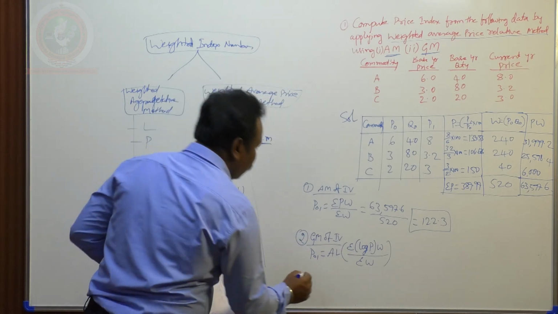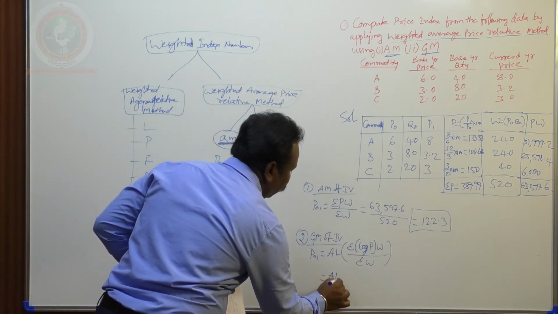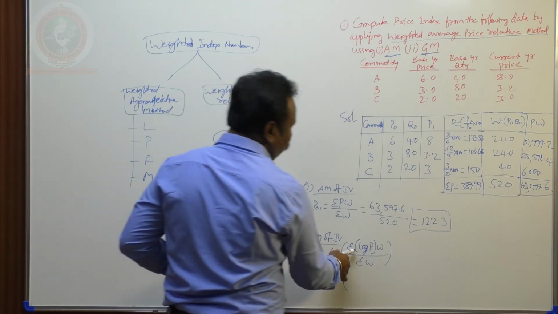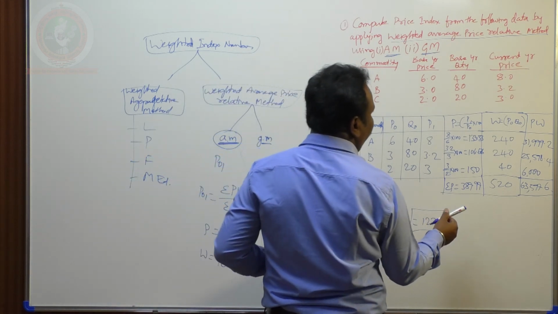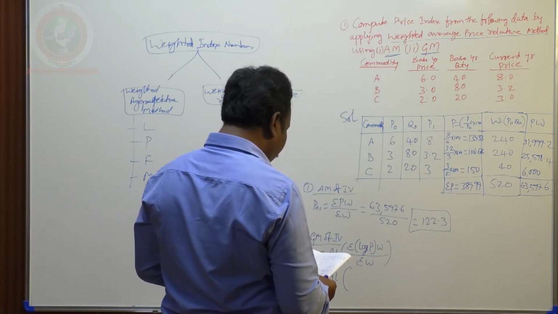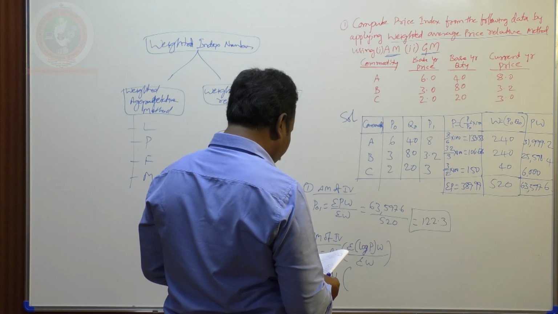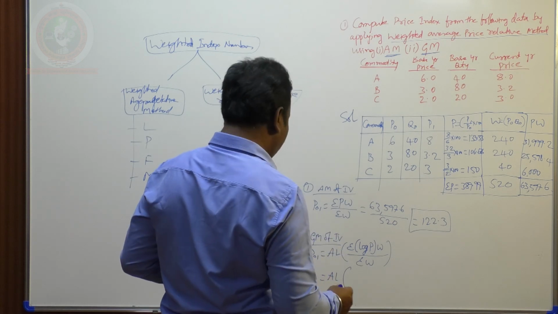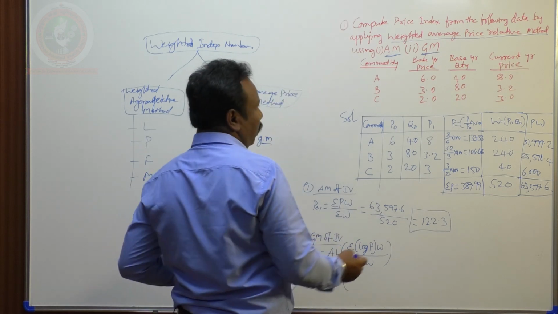So that is anti-log of summation of log P. So we have to calculate log P, which is one more column.